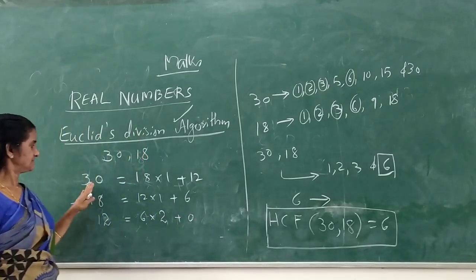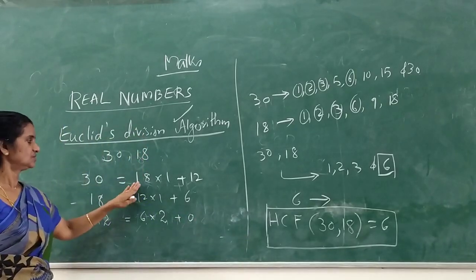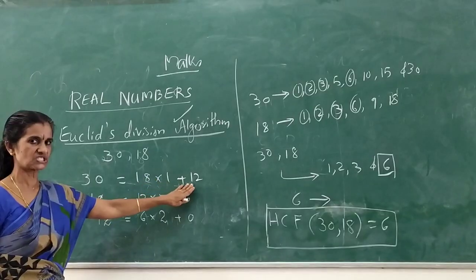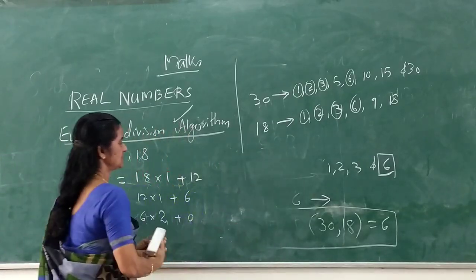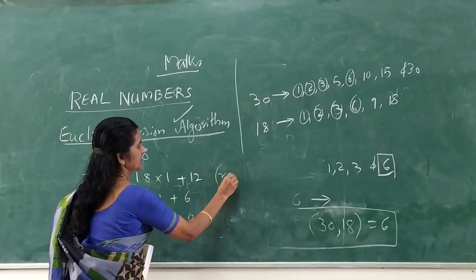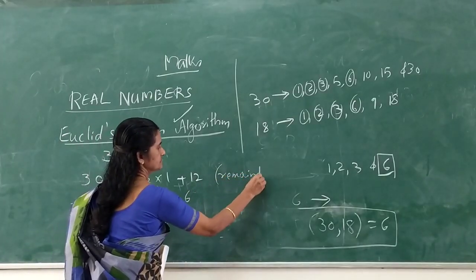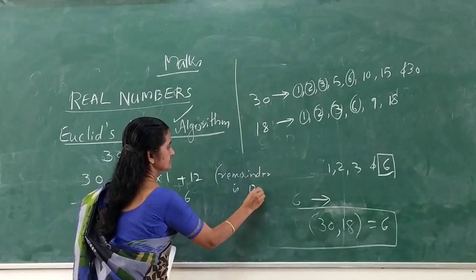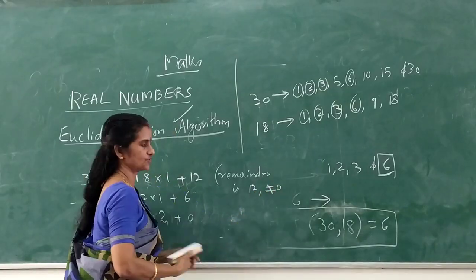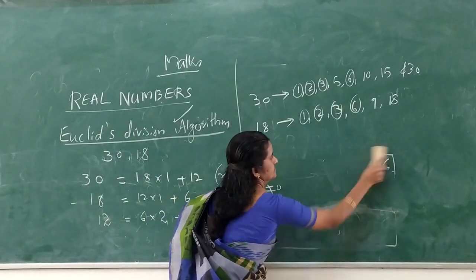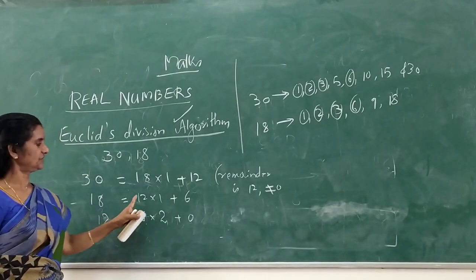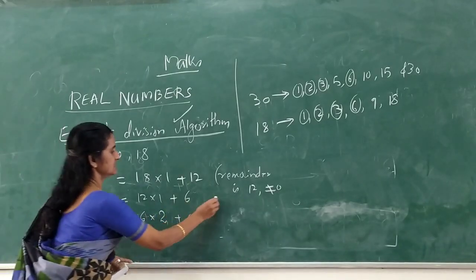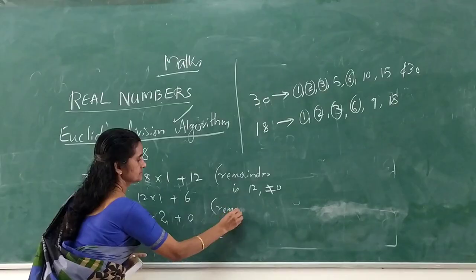See children, in the first step 30 is equal to 18 into 1 plus 12. Here the remainder is 12, which is not equal to 0. In the second step, 18 is equal to 12 into 1 plus 6.